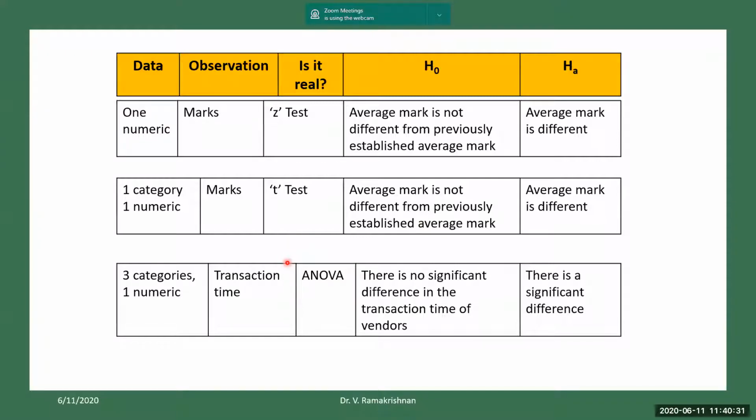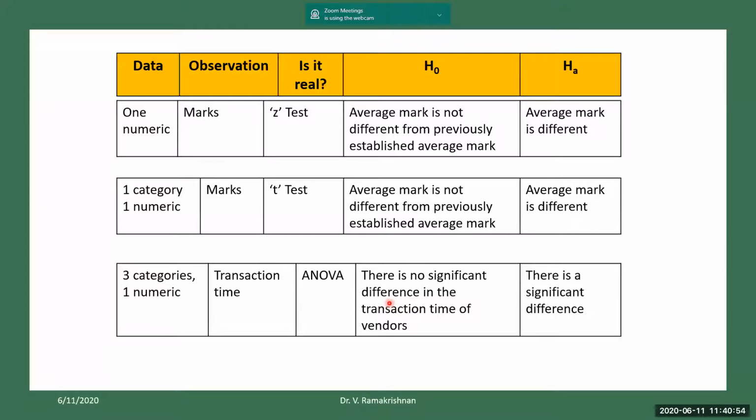Then three categories, one numeric. I will also try to give an example for this, and the ANOVA test will be used. The thing is, we are considering three vendors and each one is responding to you very fast.